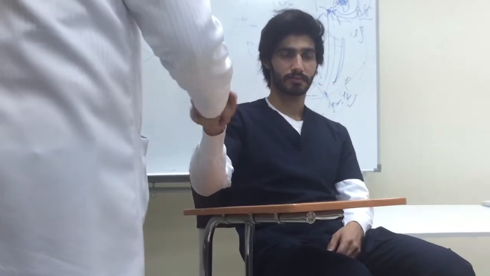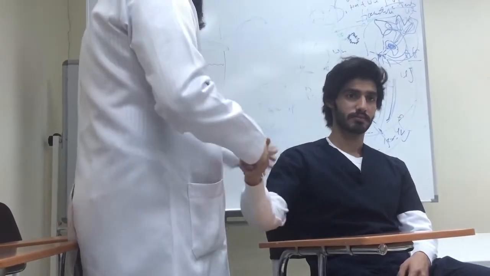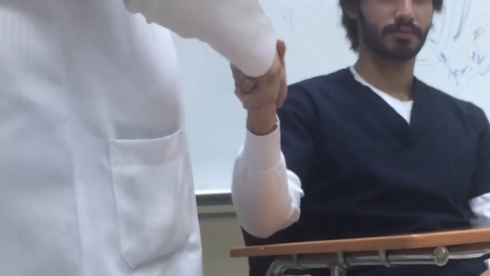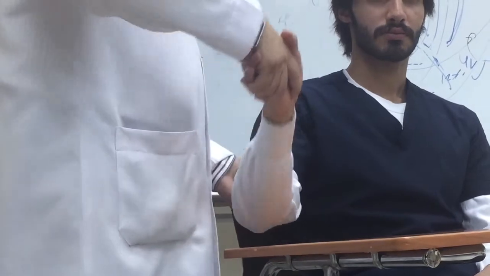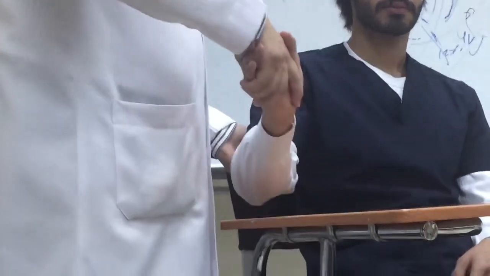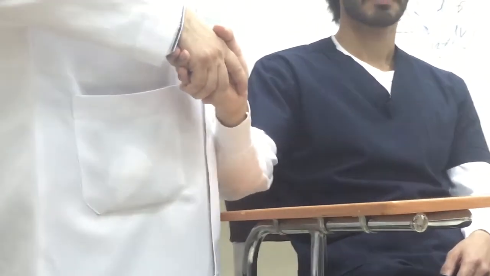And by doing this, I know the tone in 5 seconds. Move this one. You can do it like this as well. And if you want to do more, hold the forearm and do it like this. So this is your initial gut feeling.